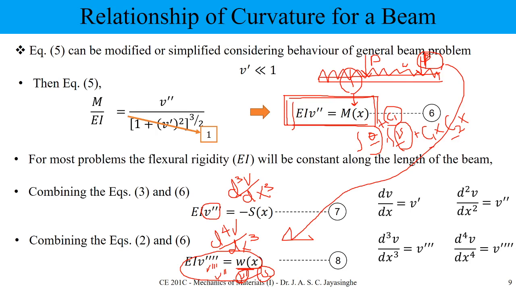We need to apply the known values and fix these integration constants. These known values we give a different name: boundary conditions. So we are going to apply the known boundary conditions of your beam arrangement to find the integration constants.